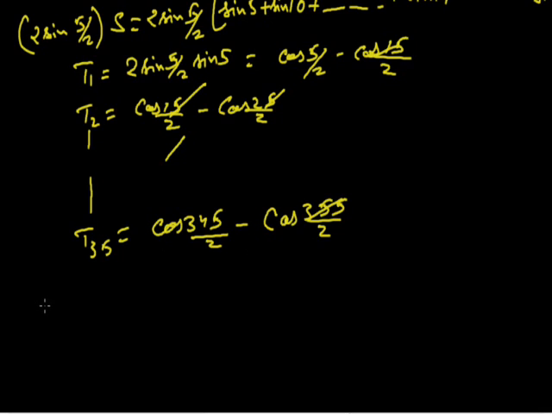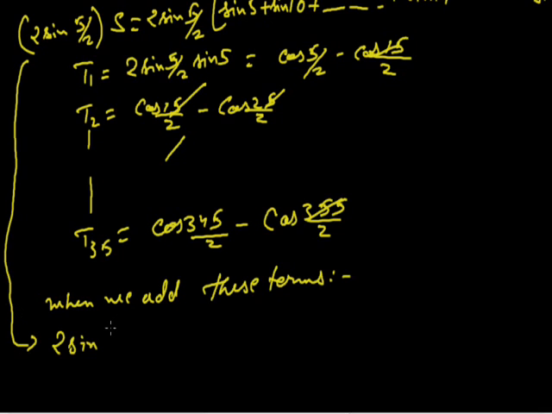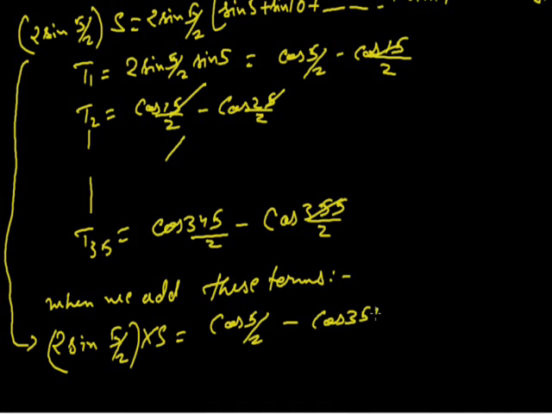Therefore, when we add these terms, 2 sin(5 by 2) into S is equal to cos(5 by 2) minus cos(355 by 2) after simplifying.